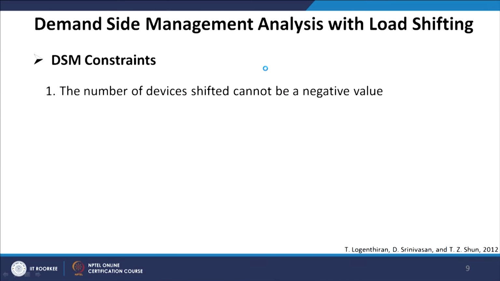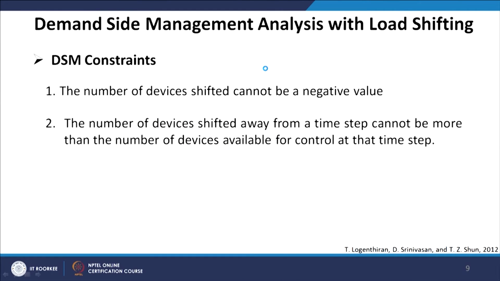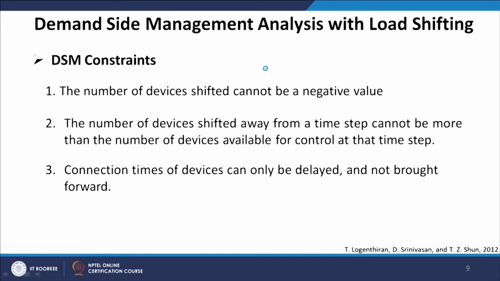Now, what are the major DSM constraints? The number of devices shifted cannot be a negative value. This is always a positive number. Then, the number of devices shifted away from a time step cannot be more than the number of devices available for control at that same time.